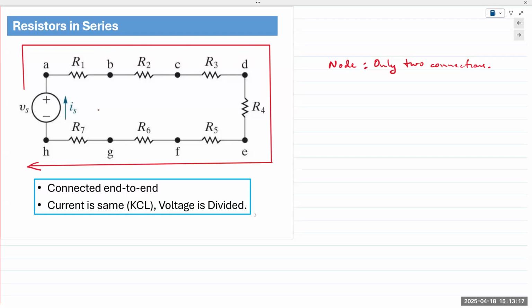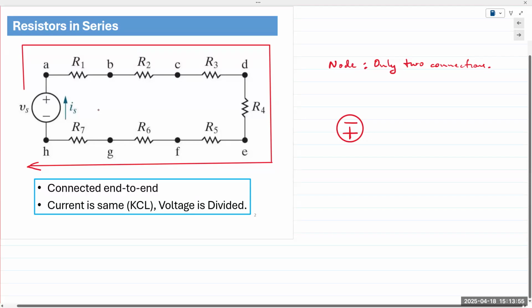Now, if you're analyzing a circuit and nothing was given to us, there's no polarity given and no current direction given in the circuit, we are beginning to analyze a circuit. But the one thing we will know is the source. If it's a voltage source, we would know the polarity of the voltage source. If it's a current source, we would know the direction of the current source. For a voltage source, current flows from high to low or low to high?